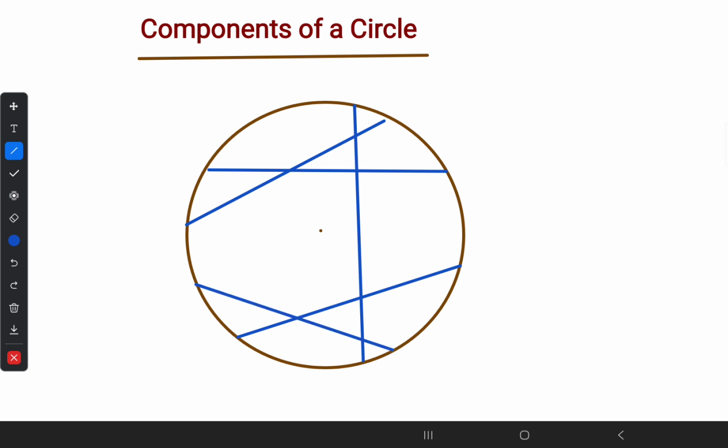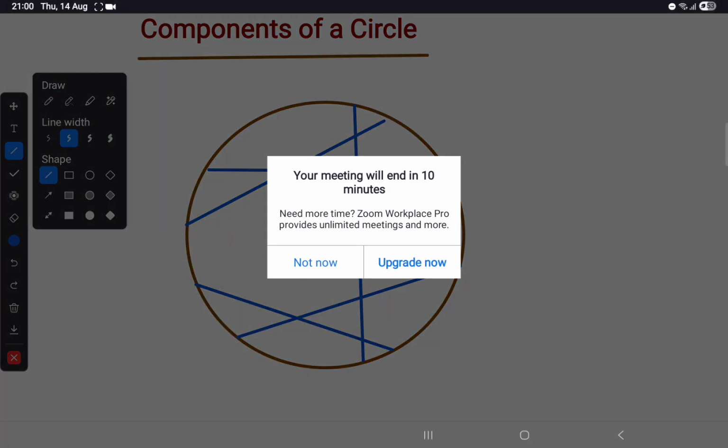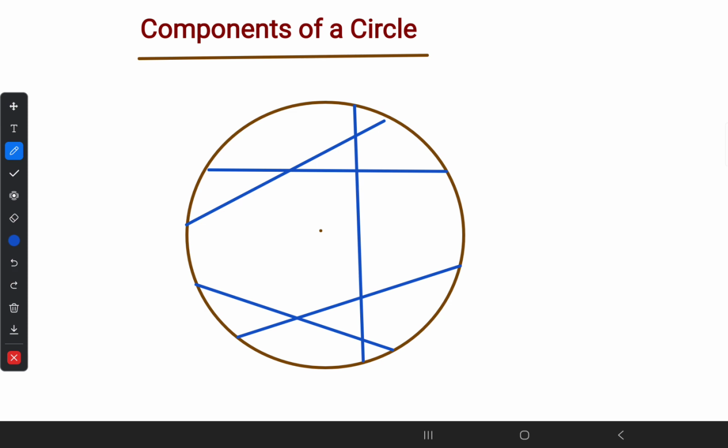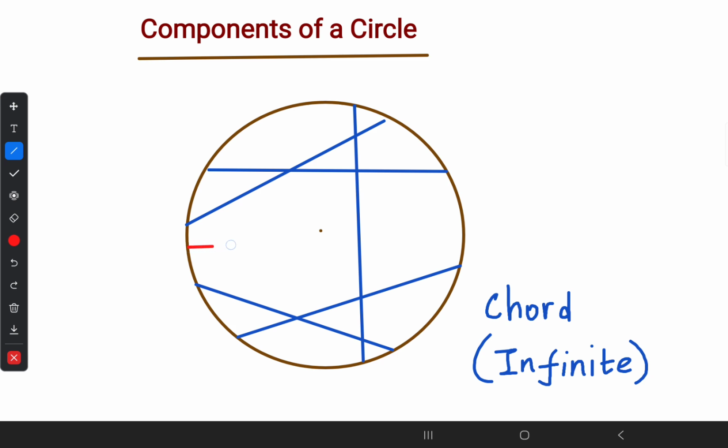This is called a chord of a circle. We can draw an infinite number of chords in a circle. And one important thing, the largest chord in the circle should be from the circle, through the midpoint, connected to the other end of the circle.